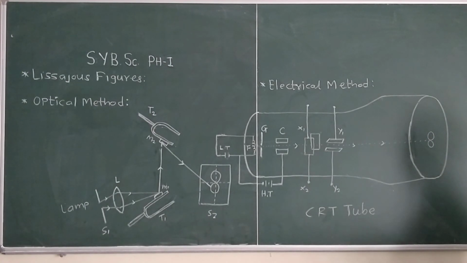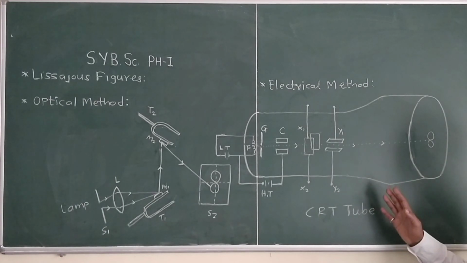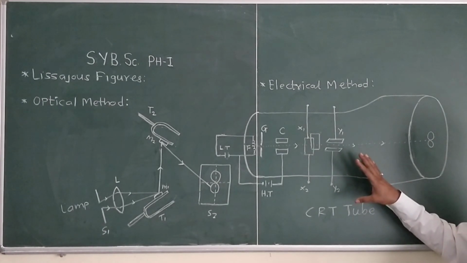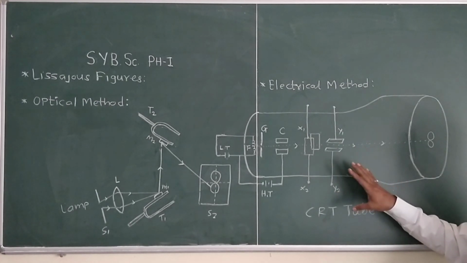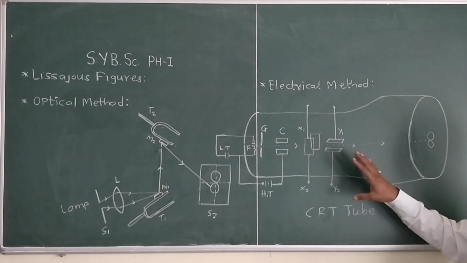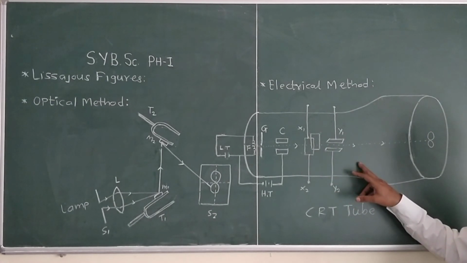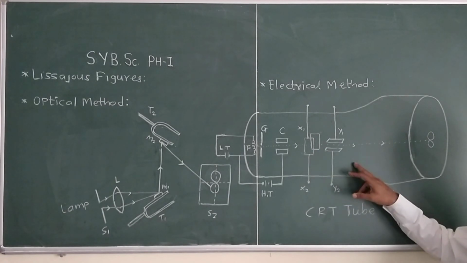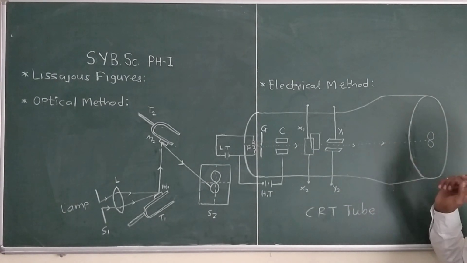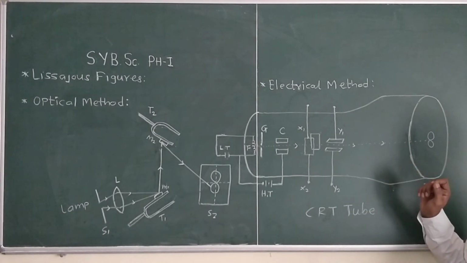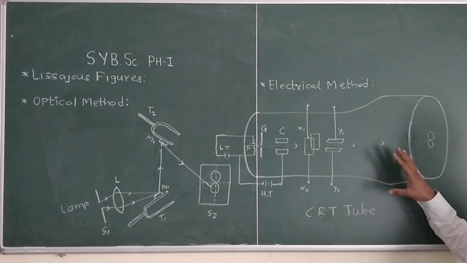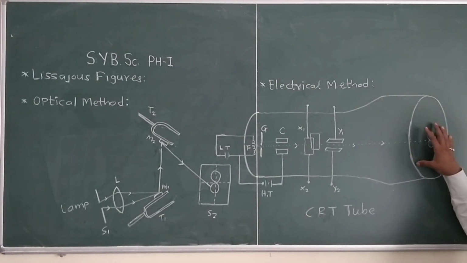That means we will get a circle, ellipse, straight lines, parabola, etc., depending upon the amplitude, frequency and phase of the two AC signals. By varying their frequency, amplitude and phase, we get different figures on the screen.